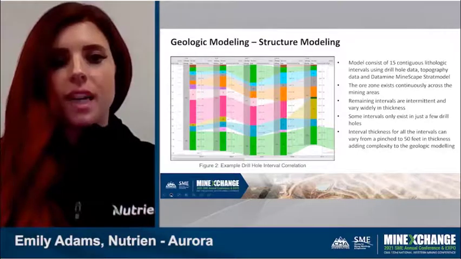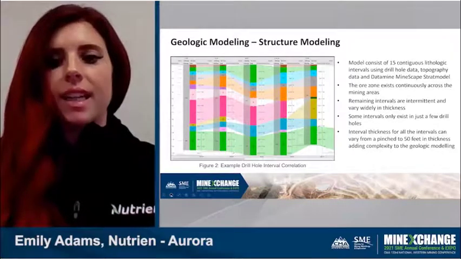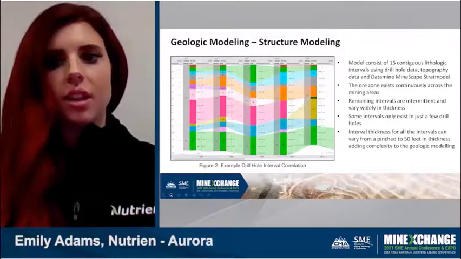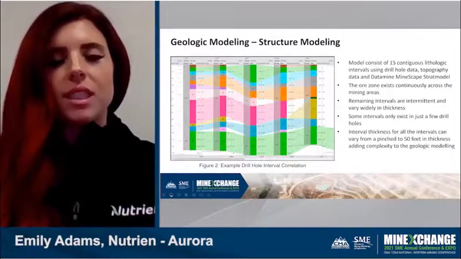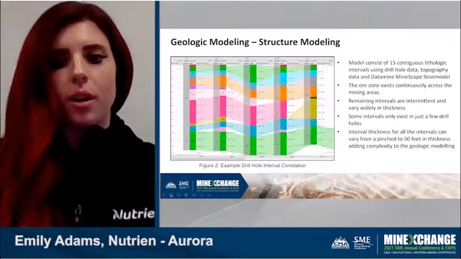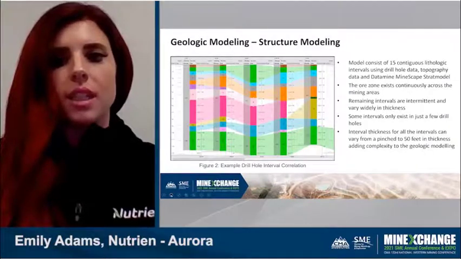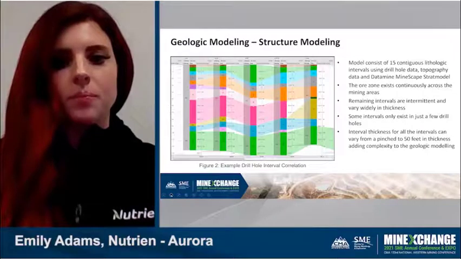Moving a little bit forward and diving in a little bit deeper to the structure modeling in the MineScape software. It consists of 15 contiguous lithologic intervals, and we use these intervals to plan and develop ideas for where we're going to position the dragline. We built this model off of drill hole data and topography, and we use the Datamine MineScape strat model function.